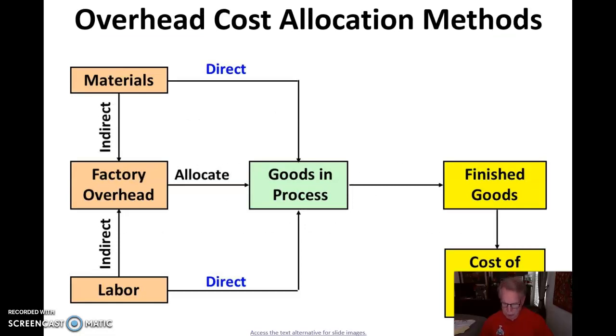Here is a nice little chart that shows us how this works in big picture format. If you can see this yellow cost of goods sold over here, here we bring in our direct materials. Materials can come in direct form like this, and it goes right into work in process, sometimes called goods in process, as it says here.